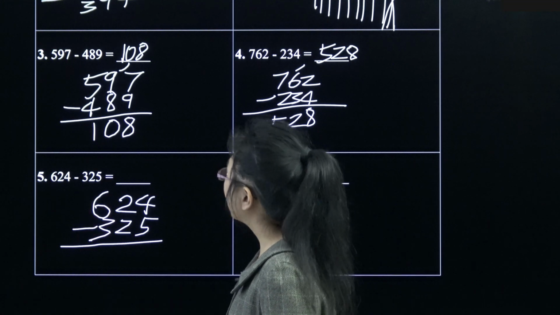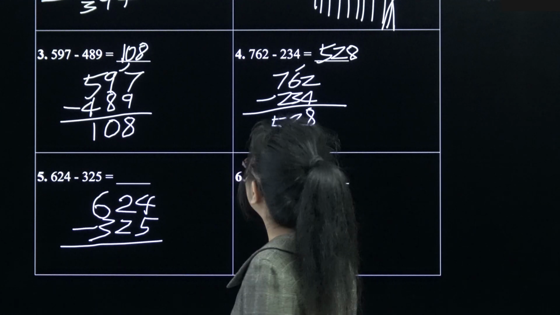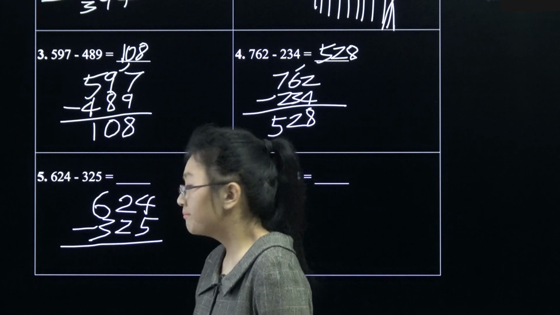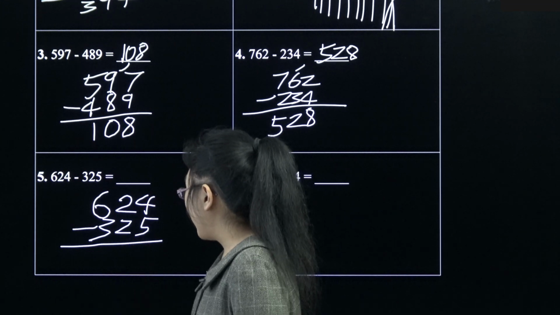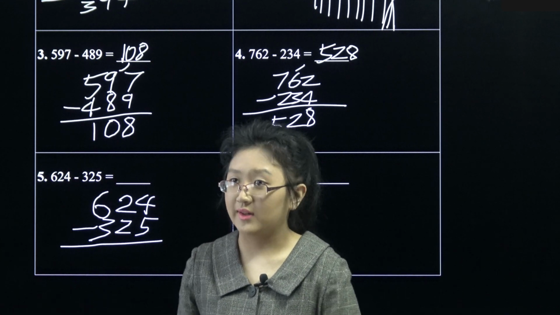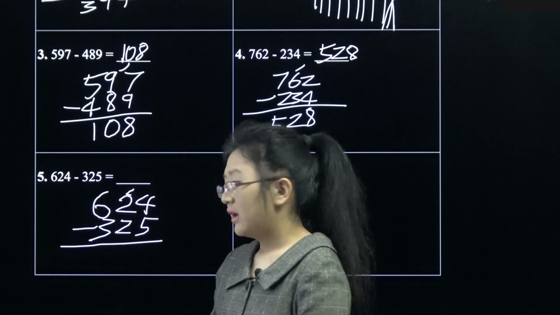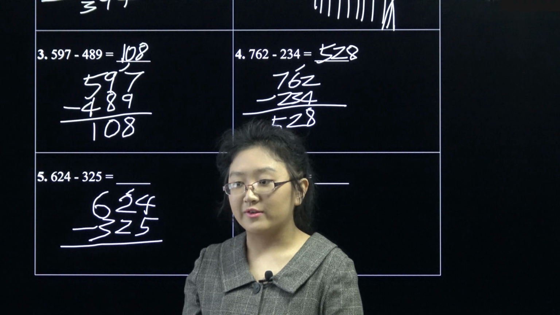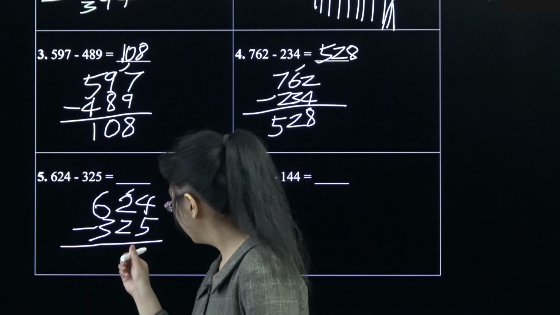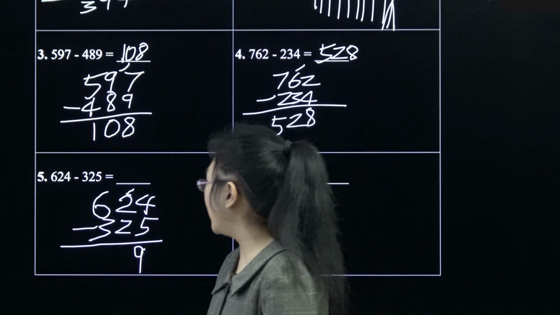624 minus 325. Why do I have the feeling that I've said 624 sometime? Okay. 4 minus 5 is, well, we can't do that. So we regroup. That's 14 minus 5 because it's 4 plus 10. 14 minus 5 equals 9. But, dun dun dun, oh no!